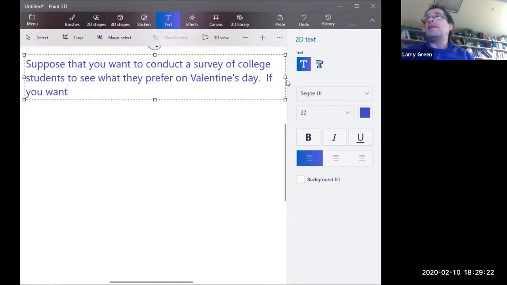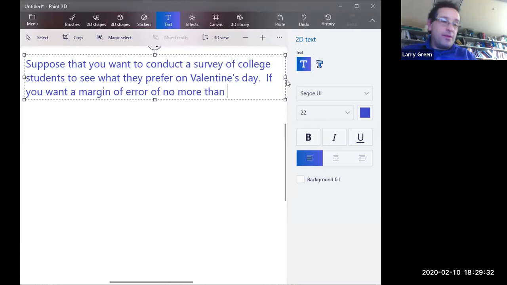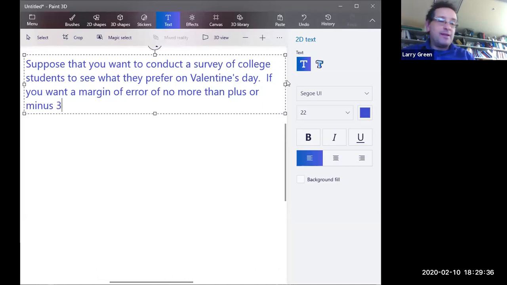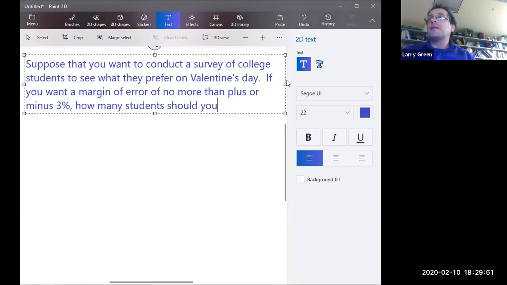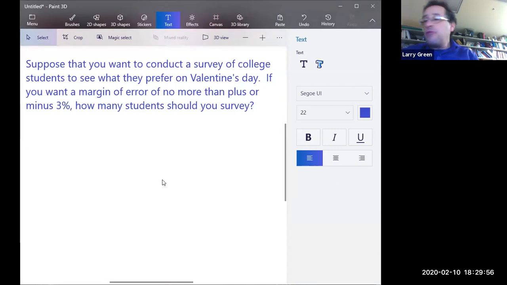If you want a margin of error of no more than plus or minus 3%, how many students should you survey? Any questions on the question?